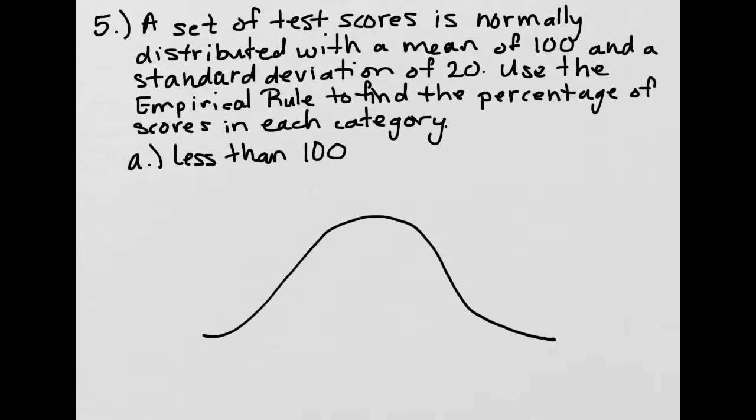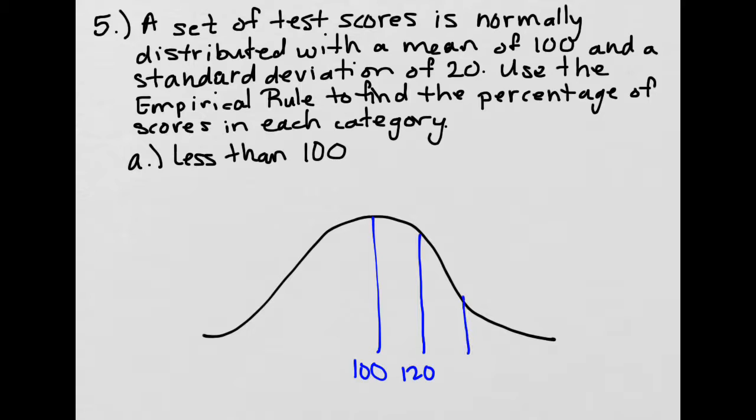Okay, so we want to start labeling where the mean is in our standard deviation intervals. So our mean, that's right in the center, that is 100, and standard deviation of 20. So let's go ahead and go up and down 3 standard deviations, because that's typically what we want to look at. So if we go up 1 standard deviation, we add 20 to 100, so that's 120.